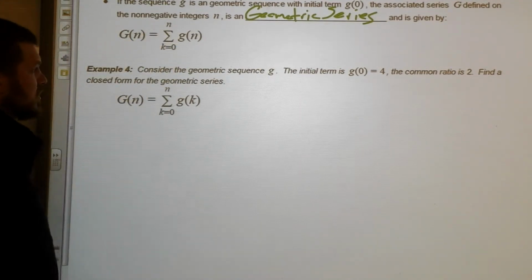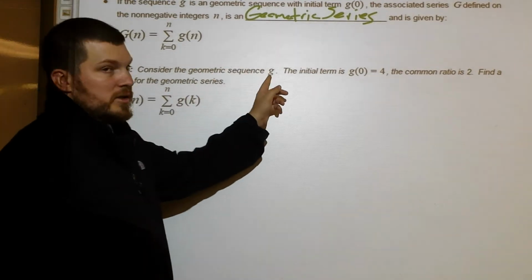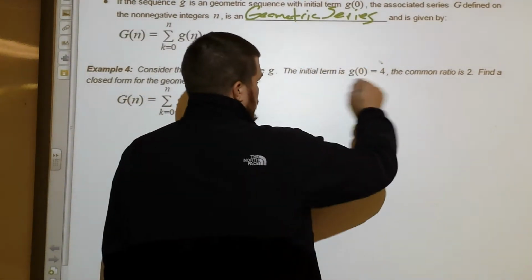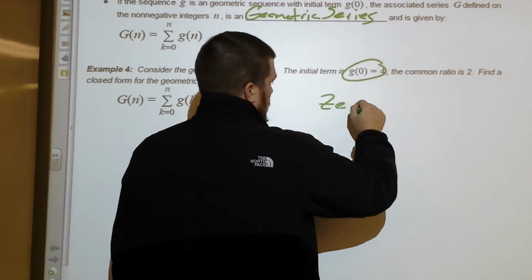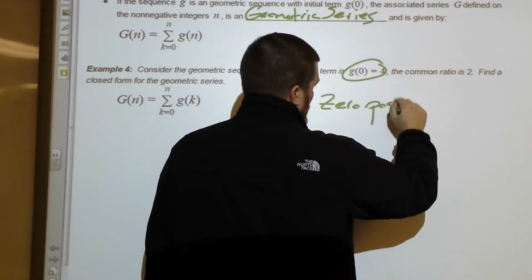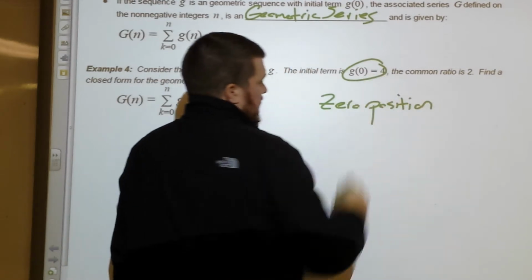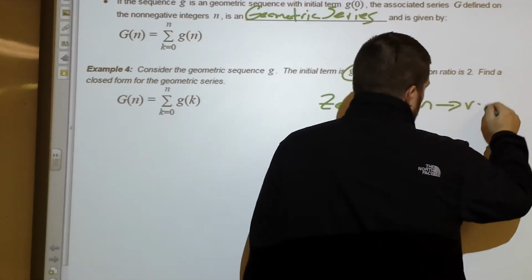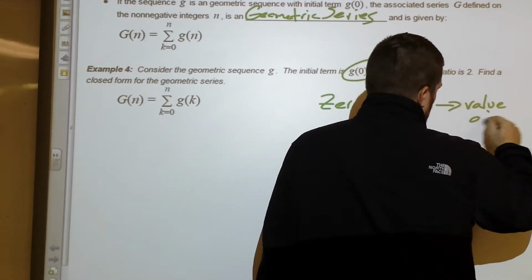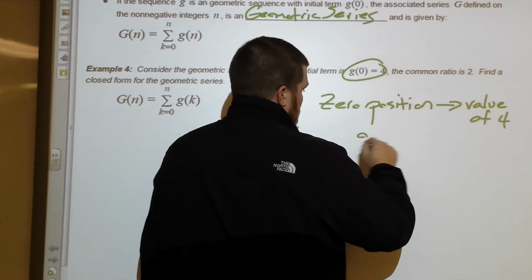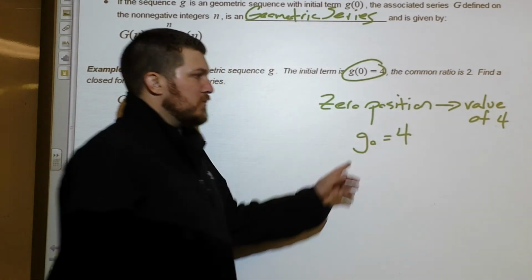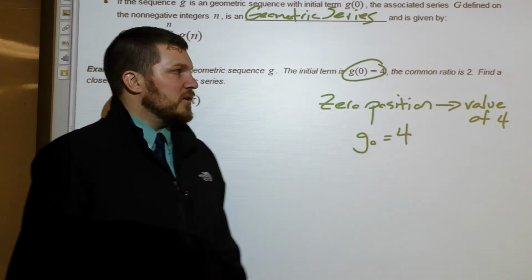Okay, so consider the geometric sequence little g. Little g starts in the 0 position and has an initial value of 4. What that means is g of 0 is 4. So our starting position was the 0 position, and it has a value of 4.